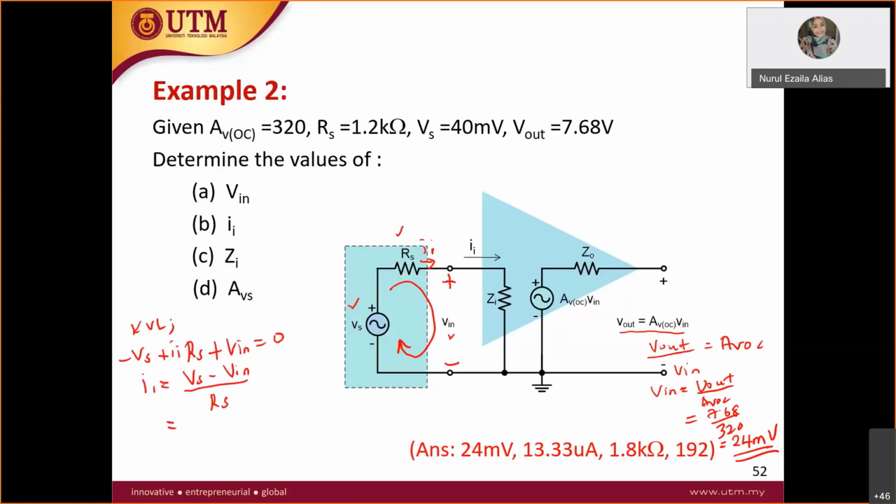So VS is given 40 millivolt, V in you got the value 24 millivolt, over RS is 1.2 K. So how much do you get here? Is it the same answer? Same. Yes, same. All right, great.